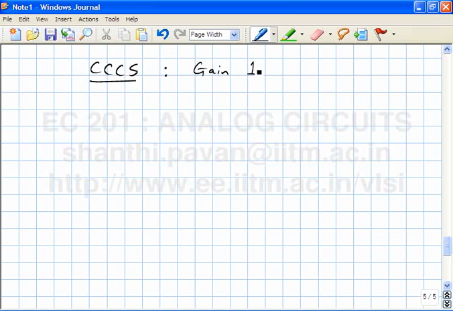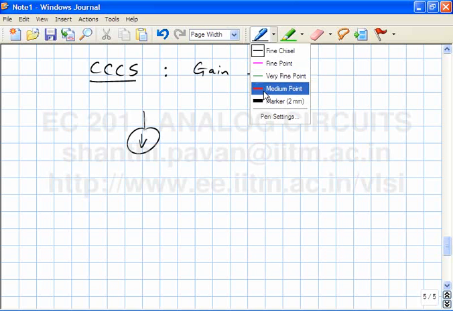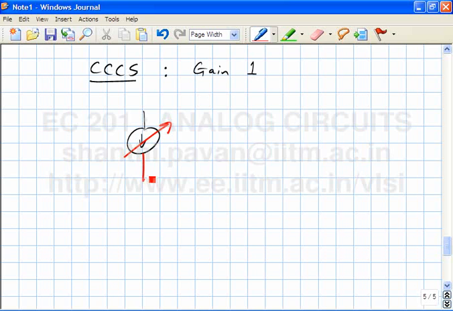In the NMOS case we called it the common gate, and the basic idea is this: if you had a variable current source and you want to make it exactly equal to the input current, what you would do is compare this input current to the output current.